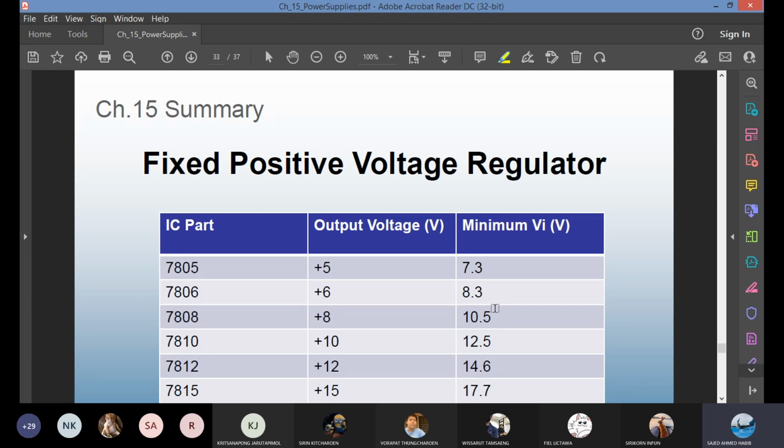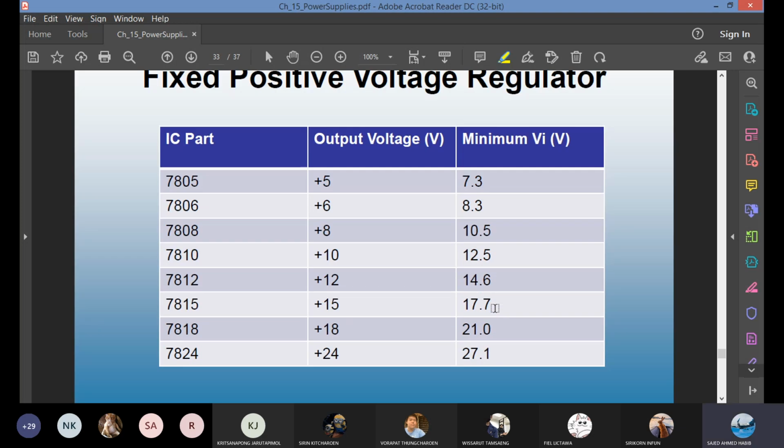To get 5 volts, you need 7.3 volts input. Look at the last row. If you want a plus 24 volt output DC, regulated, steady, on the input side you need 27.1 volts. So the output voltage is less than the minimum voltage required for the IC to operate properly.